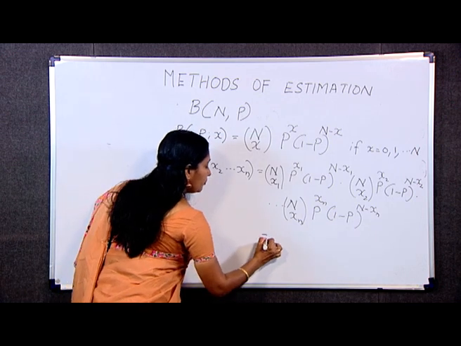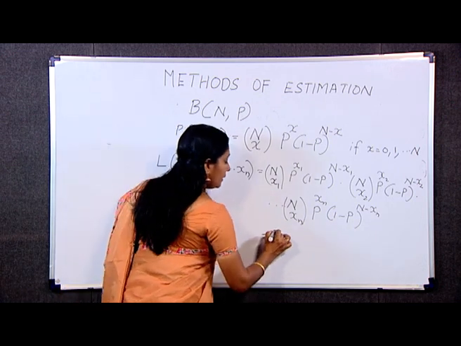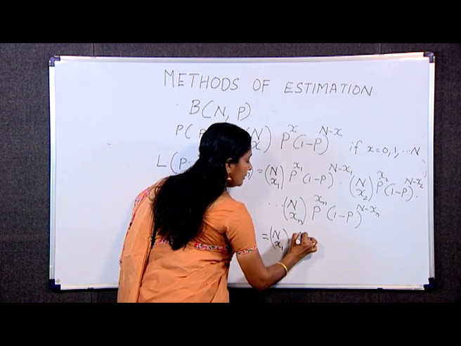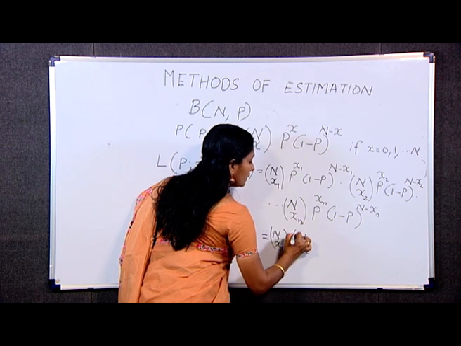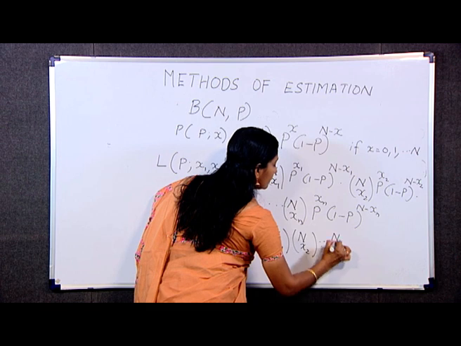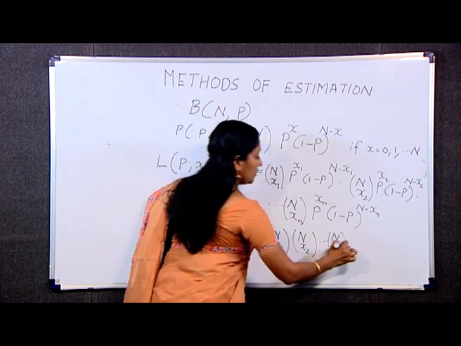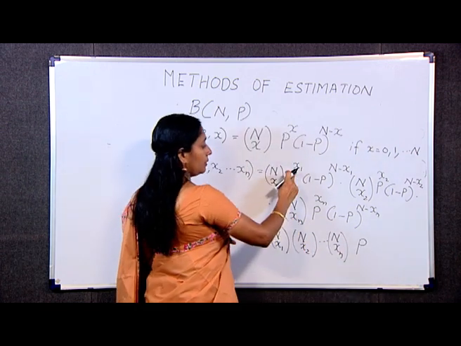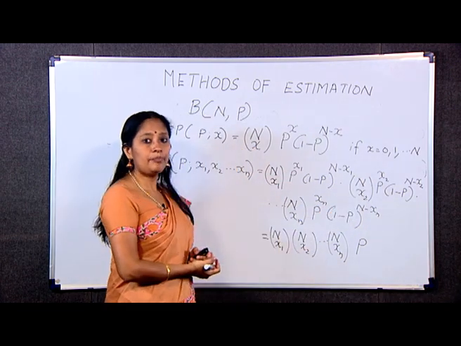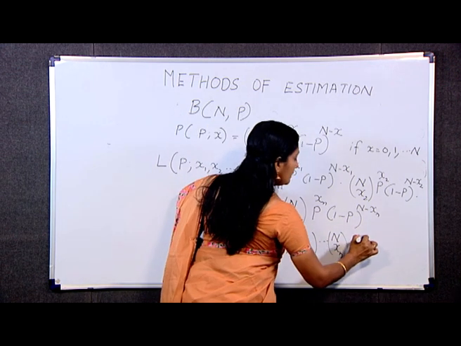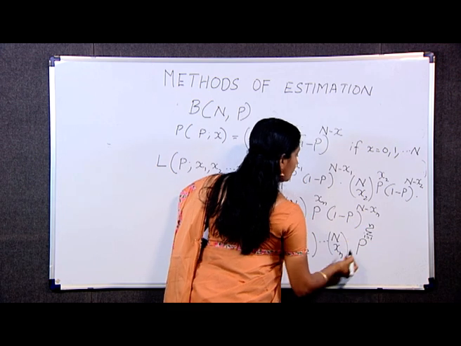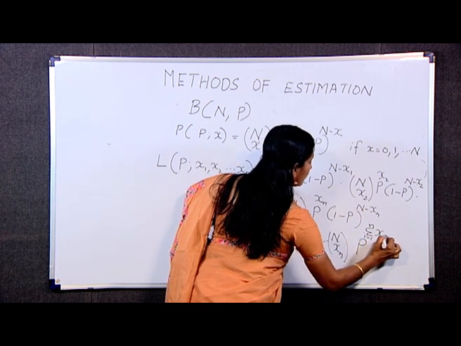This can be simplified into NCx1, NCx2, etc., NCxn, into p raised to x1, p raised to x2, etc., p raised to xn. So, it is p raised to summation i equal to 1 to n xi.